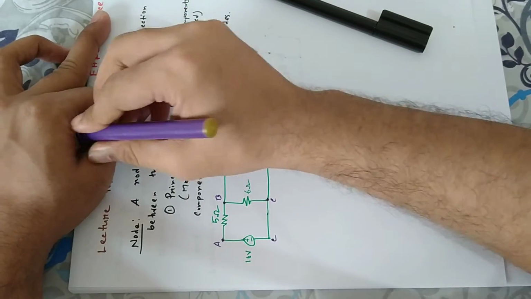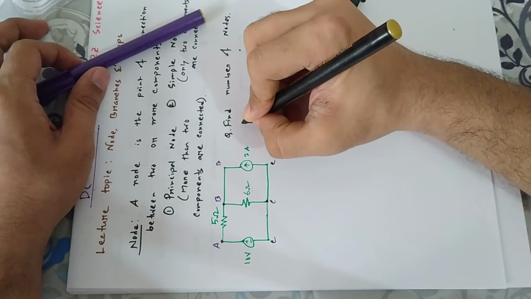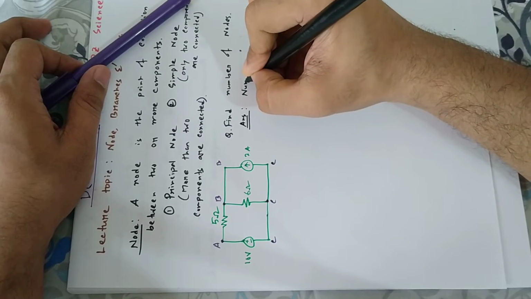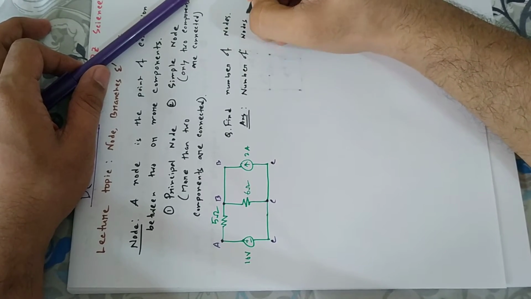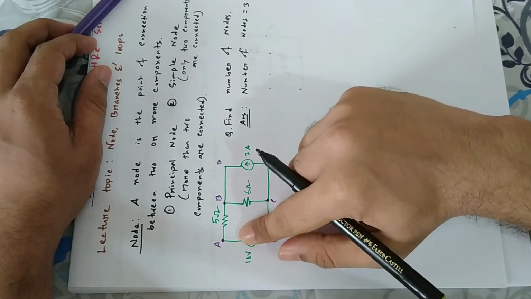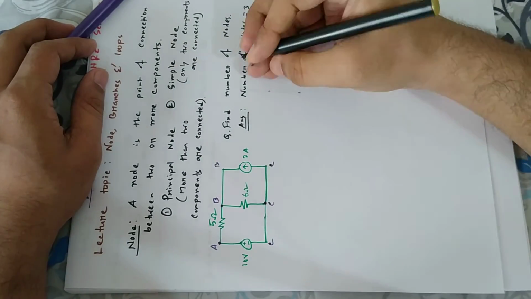So what is the number of nodes in there? Our answer: the number of nodes is equal to 3. And how many simple nodes and principal nodes?